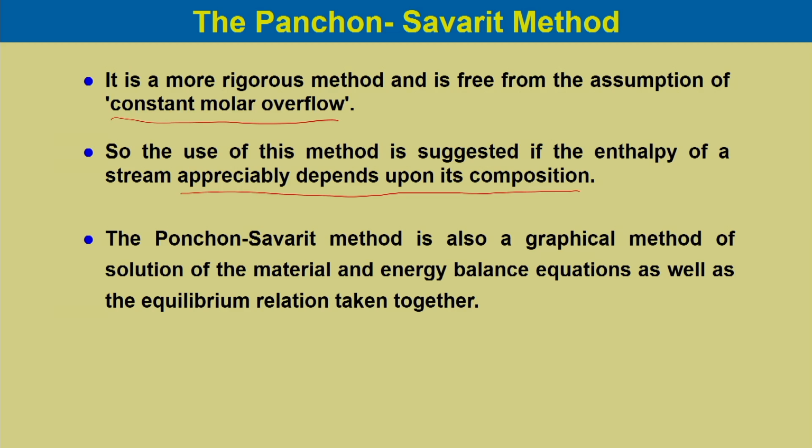The Ponchon and Savarit method also requires the material and energy balance equations along with the equilibrium relation. All together can be taken, and then graphically we can calculate the number of stages required.